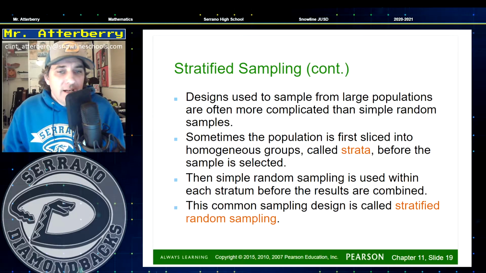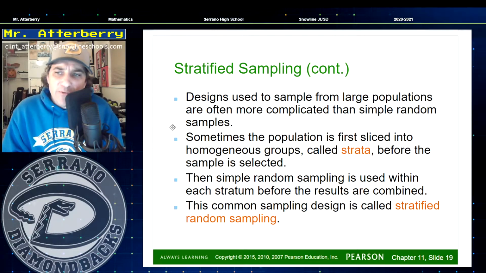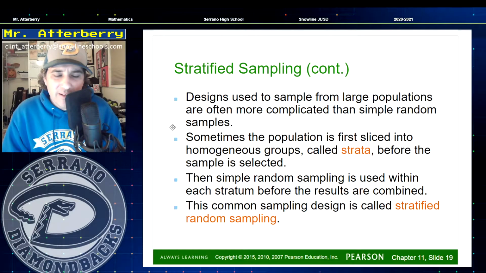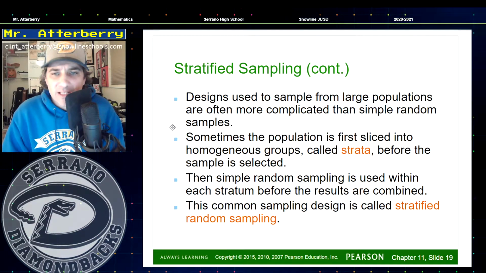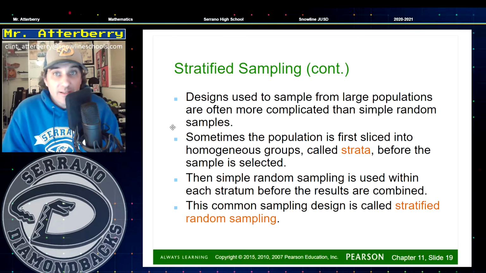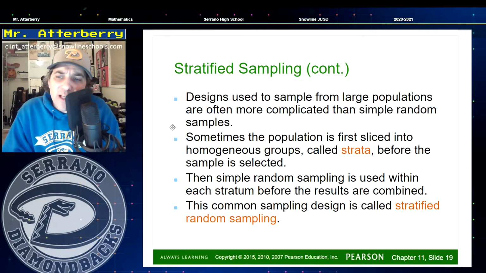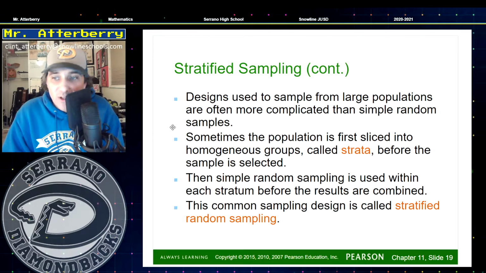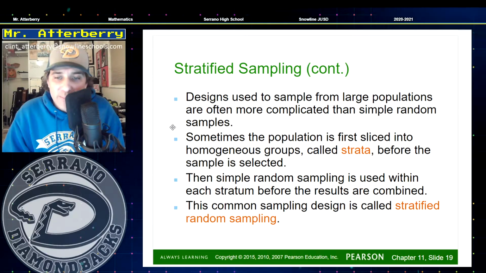Designs used to sample from large populations are often more complicated than just simple random samples. It's not always as easy as just picking names out of a hat, right? Sometimes you need something different because things get complex. Sometimes the population is first sliced into homogeneous groups called strata before the sample is selected.